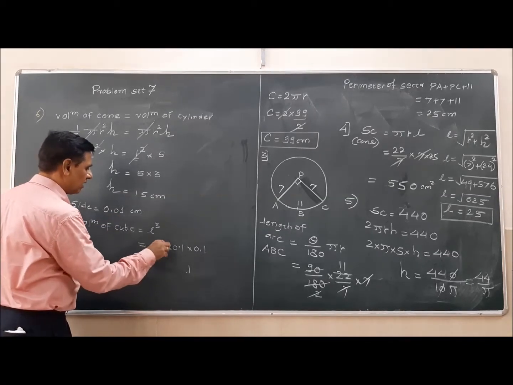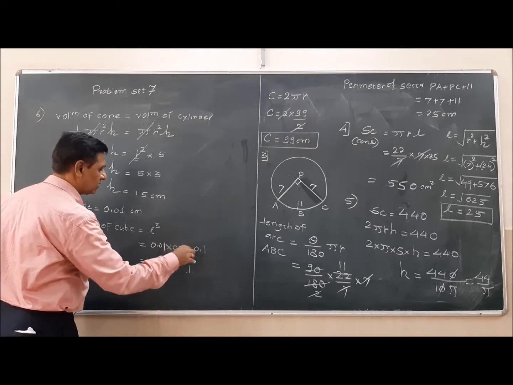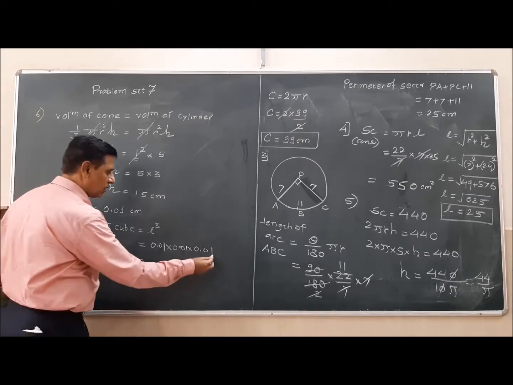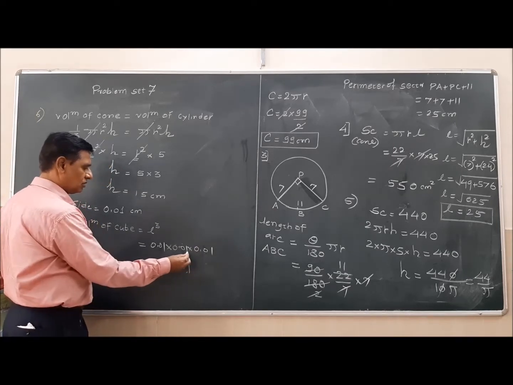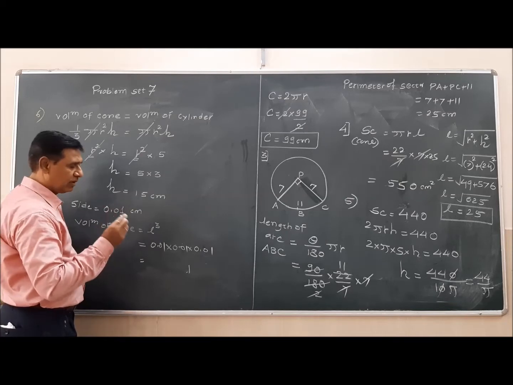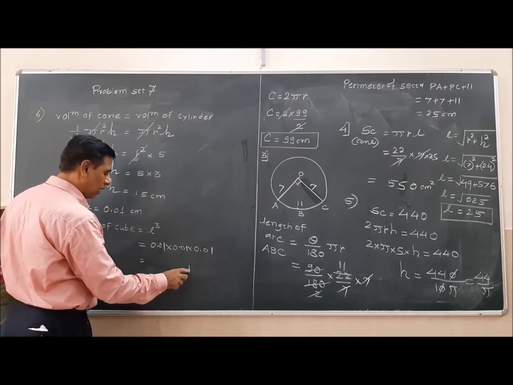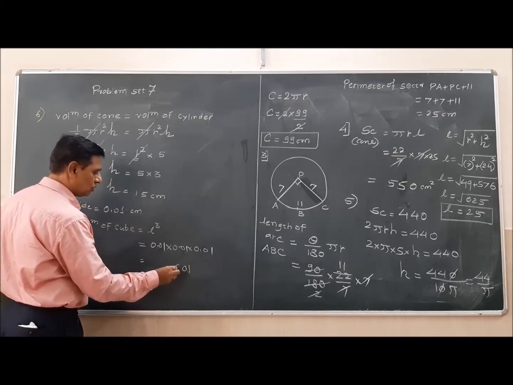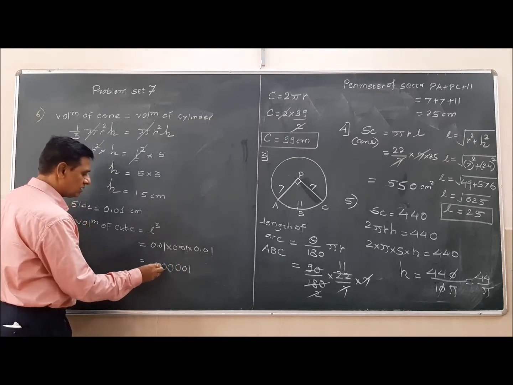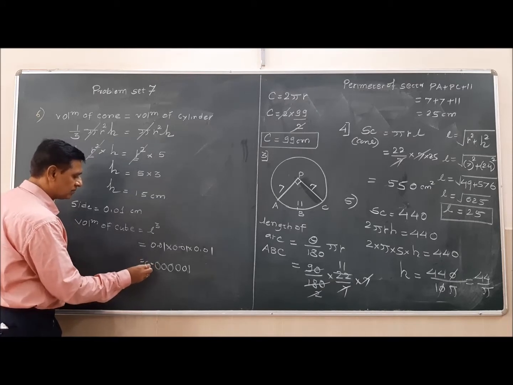So everywhere I have to take it as 0.01. Okay? 1 as it is, then 1, 2, 3, 4, 5, 6. So when placing the decimal, 1, 2, 3, 4, 5, 6 and then the point.